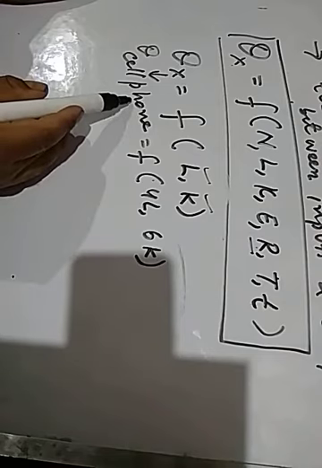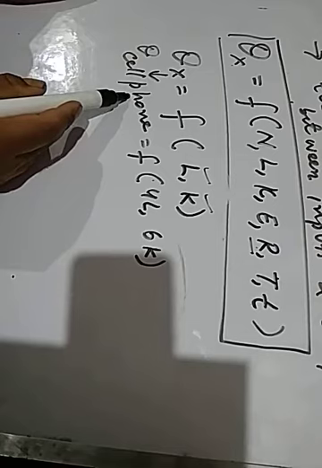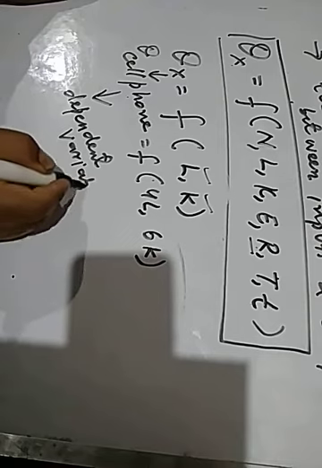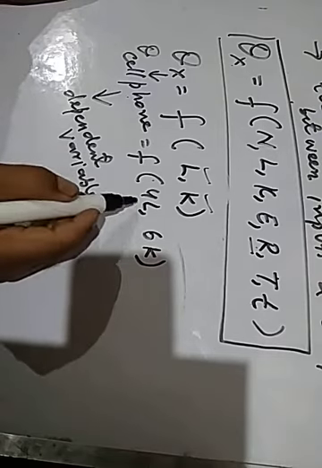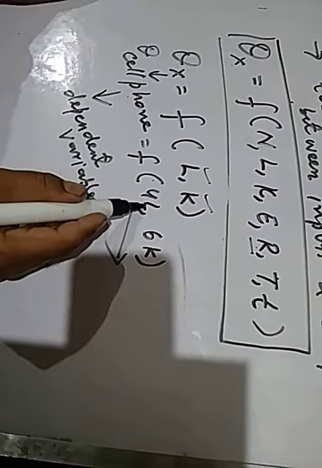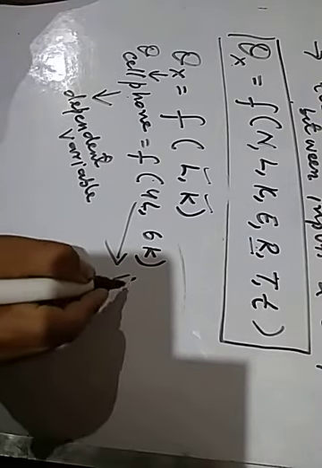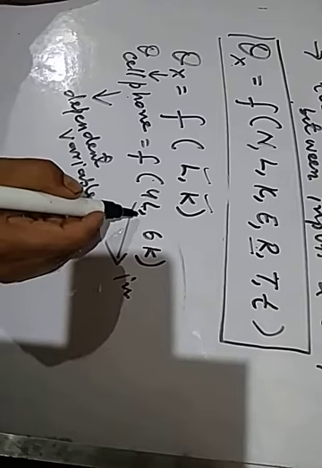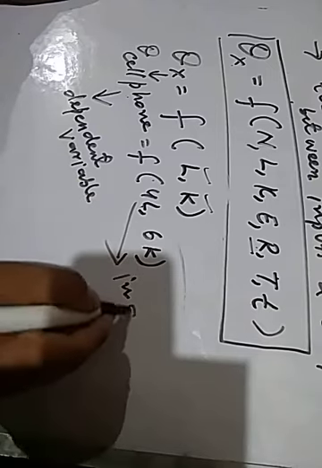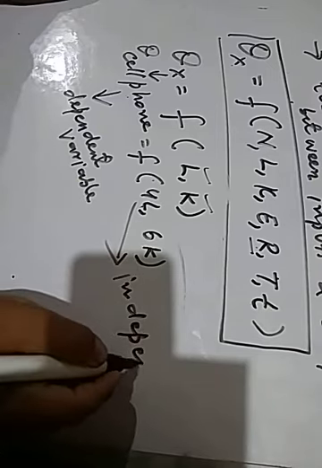And this production of cell phone is a dependent variable. Its production depends upon use of labor, capital, and its raw material. Therefore, labor and capital are independent variables.